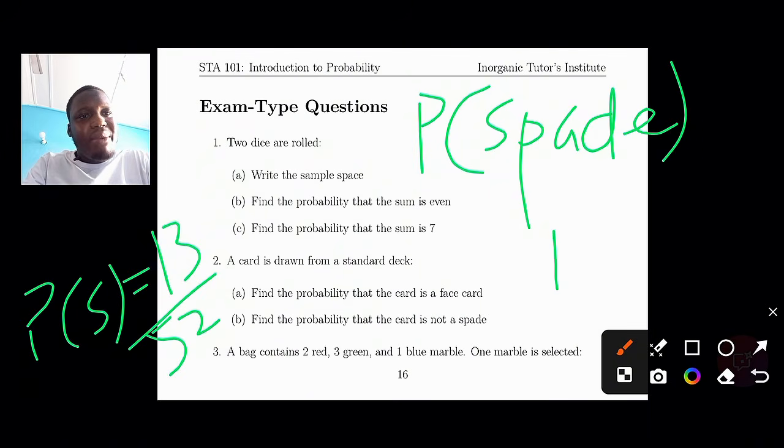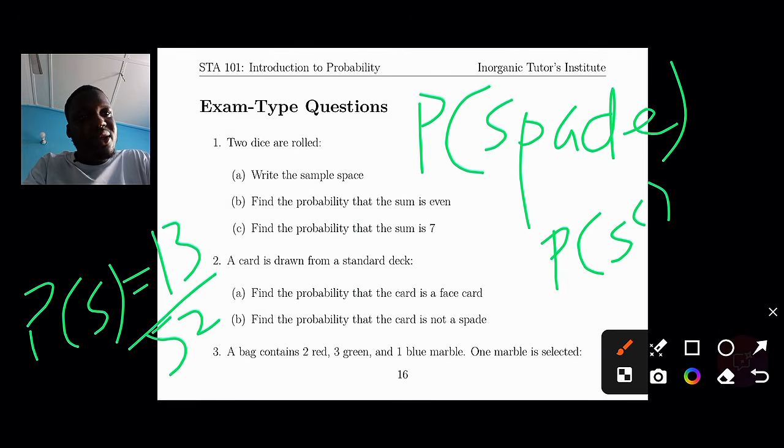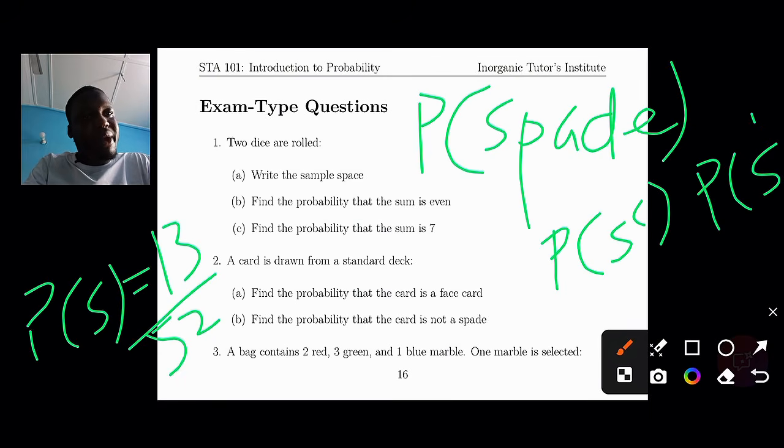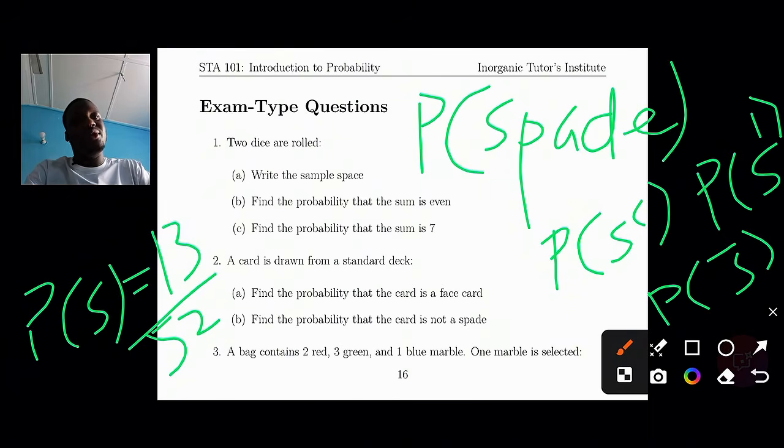Then the probability of not getting a spade, we either write it P(S) prime, or P(S) bar. Let me write the prime here.